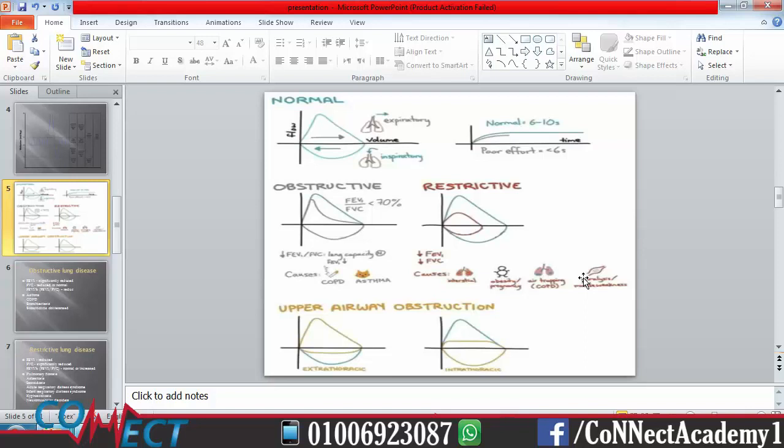Also, if there is a painful condition to the chest, like chest trauma or herpes zoster or severe pneumonia, all this causes restrictive pattern. So restrictive pattern can be divided into pulmonary causes, which is pulmonary fibrosis, and extrapulmonary causes, which are obesity or trauma or skeletal or neuromuscular junction.